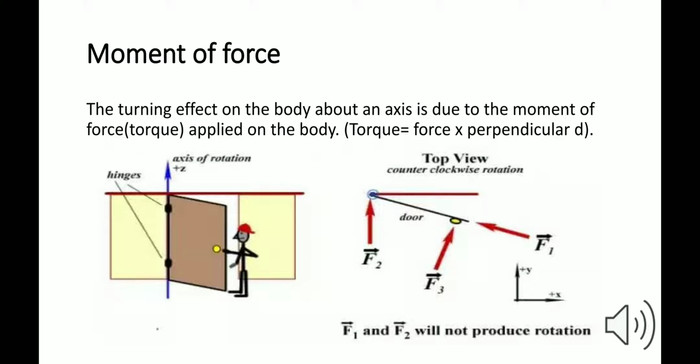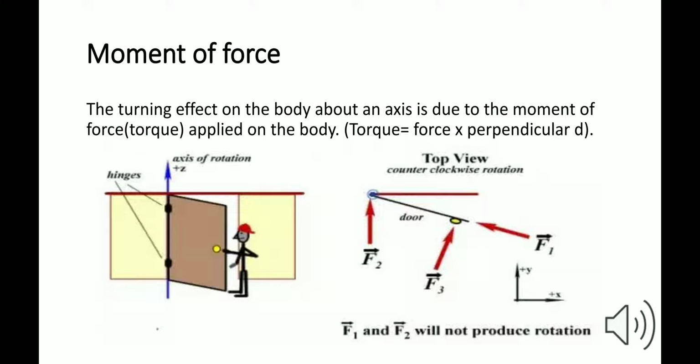If we talk about the example given below, the person is opening the door. It has been hinged at the place. You can see the blue line that is the fixed point. Now, if you hold the door from the handle which is given to open the door, then that will be the maximum distance from the fixed point.